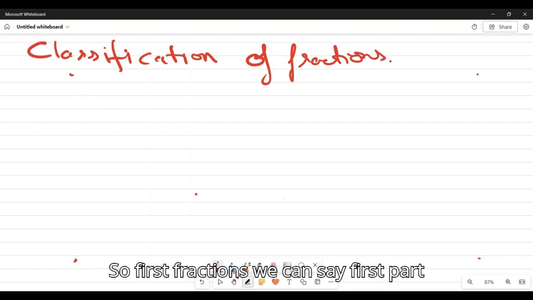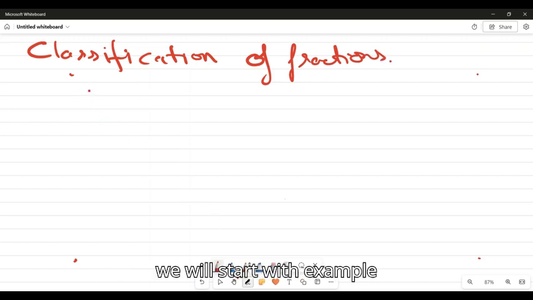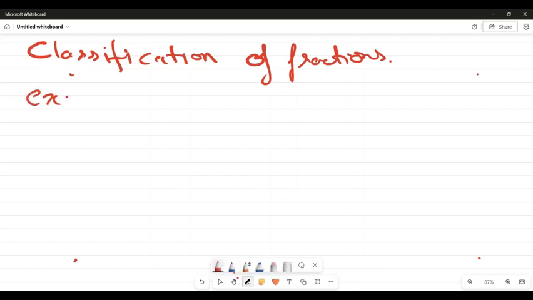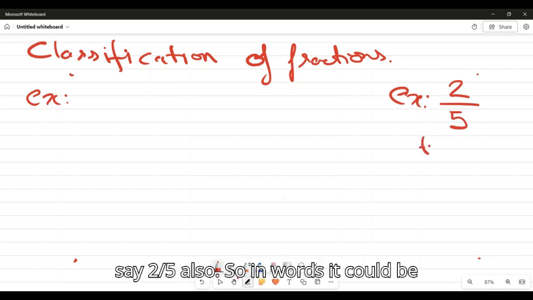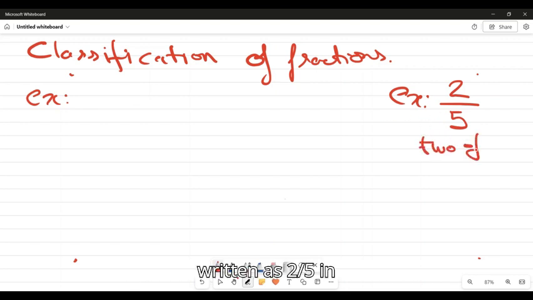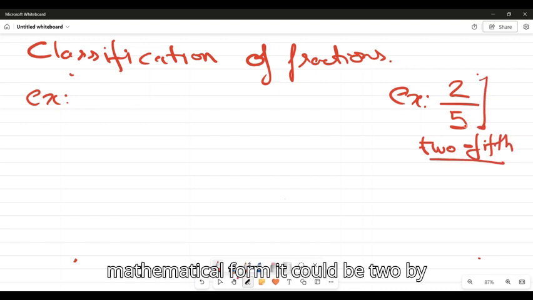We'll start with an example, and this example will be 2 upon 5, which we can say 2 fifth also. So in words it could be written as 2 fifth. In mathematical form it could be 2 by 5.